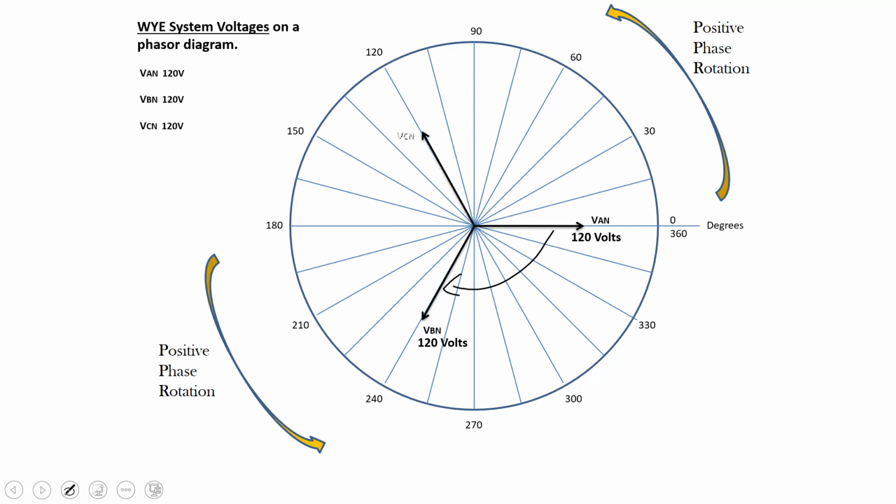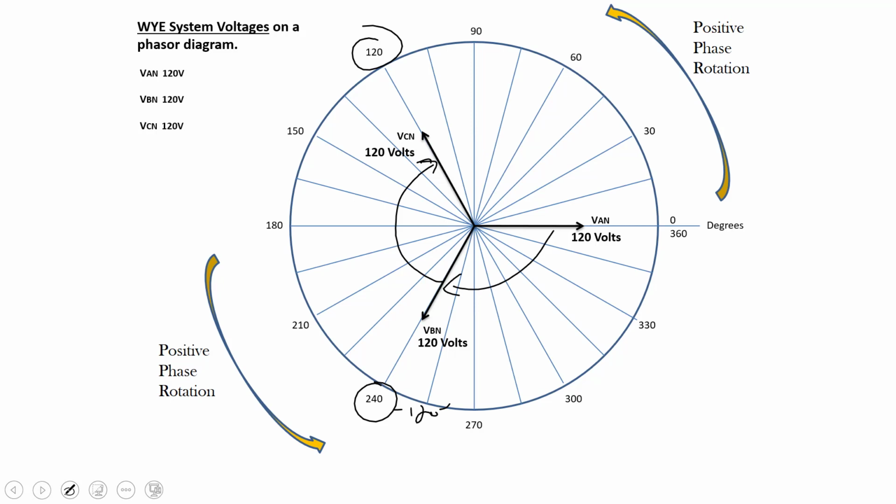And if we look at VC to N, we know that the next thing to peak 120 degrees after B to N is voltage C to N. So it's back 120 degrees from voltage B to N. So 240 minus 120 puts us at 120. So there's where we'd plot our three phase voltages on a phasor diagram.